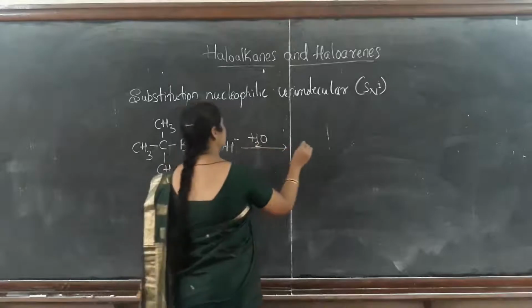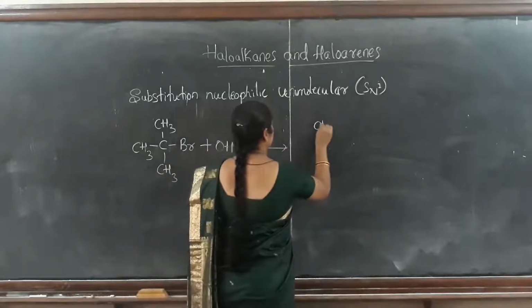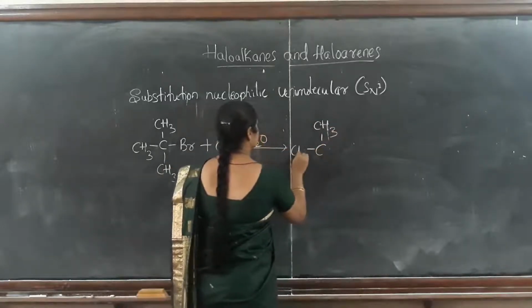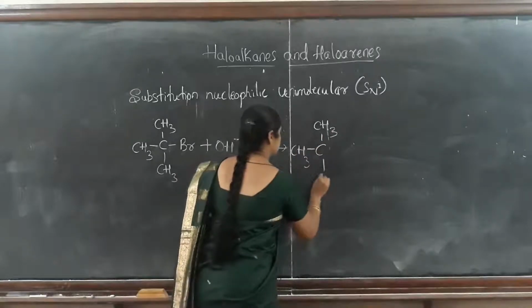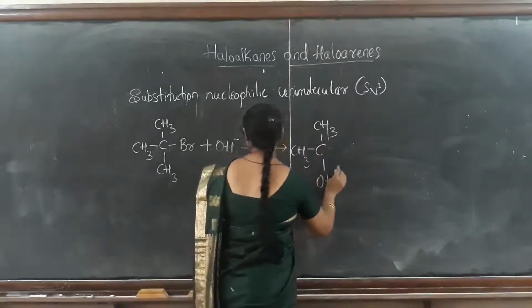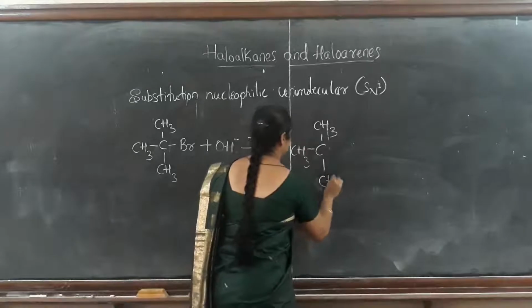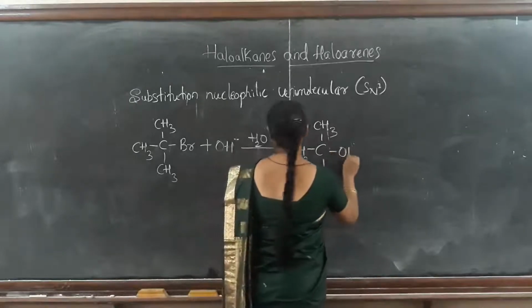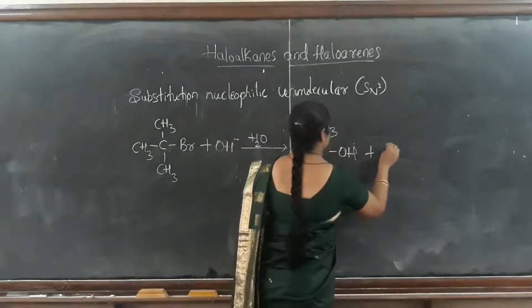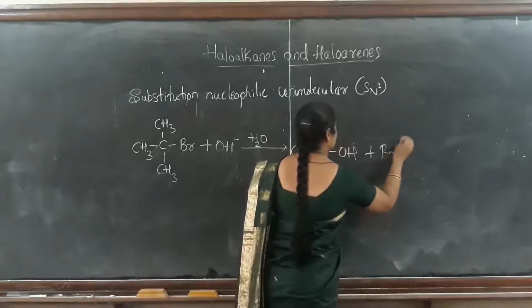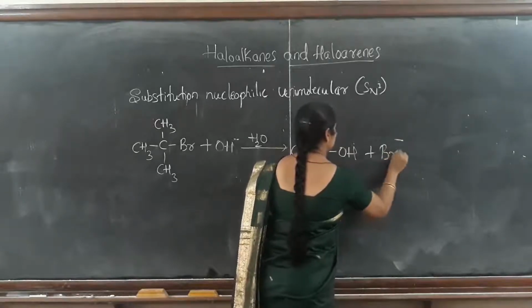There is a formation of an alcohol, and the bromide ion is the leaving group here.